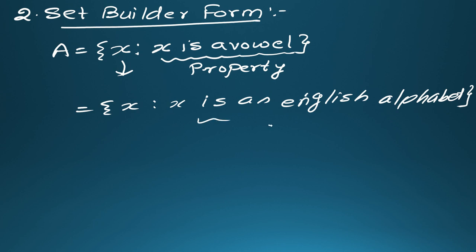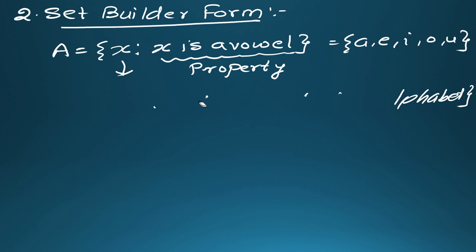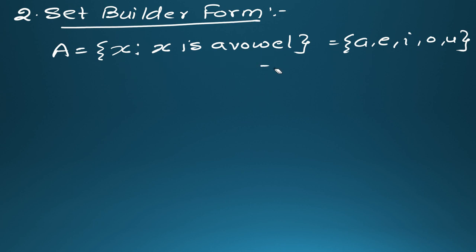There are 26 alphabets, but in that set, if you remember, I have written only 5 letters: a, e, i, o, u. So this will have some extra elements also, and that is not correct. You will write only the specific property, so that only the required elements belong to the set.